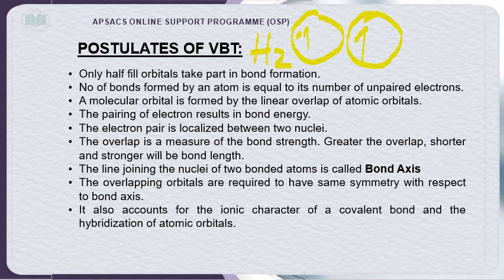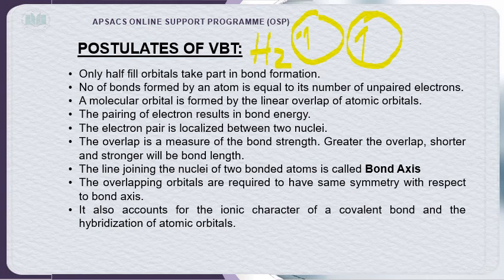Means these two orbitals of hydrogen which are half-filled will overlap to produce a bond between the two hydrogen atoms, right? Now, the number of bonds formed by an atom is equal to its number of unpaired electrons. You can see in this example of hydrogen, each hydrogen carries just one electron in its s orbital. So only one overlap is possible, means only one bond can be formed between the two hydrogen atoms.